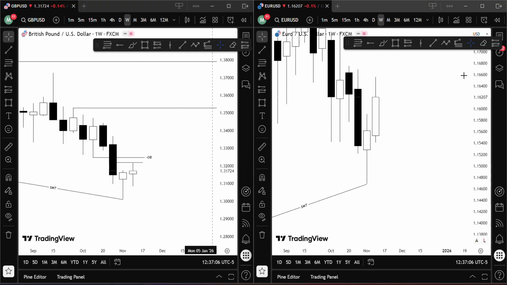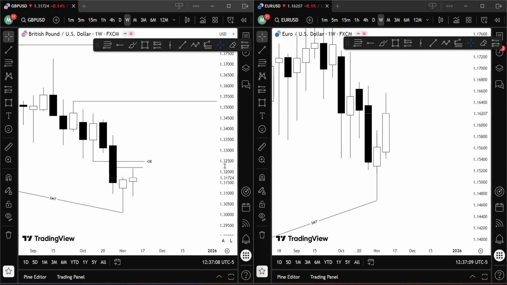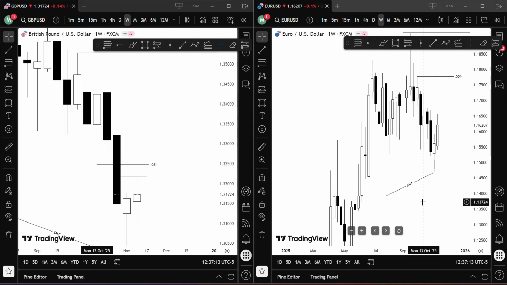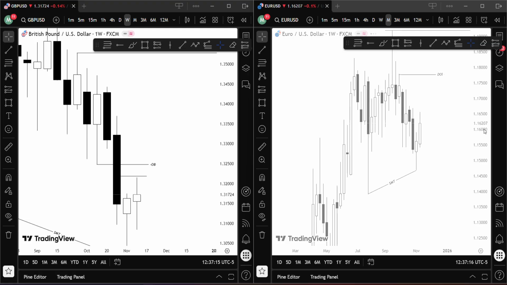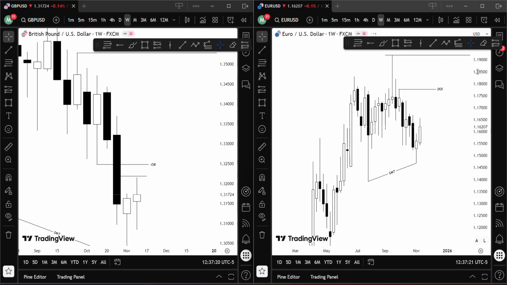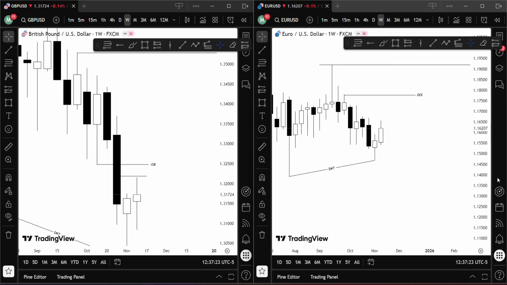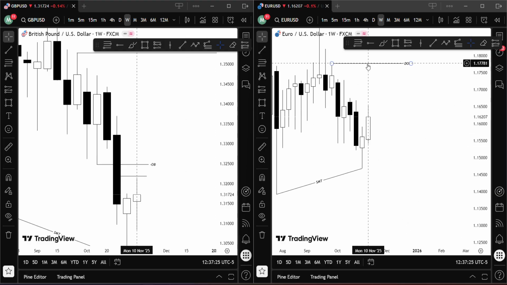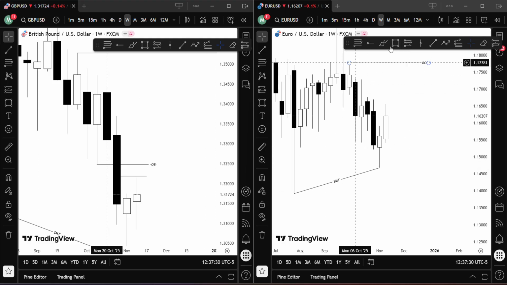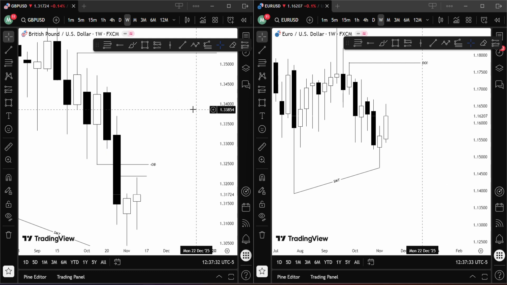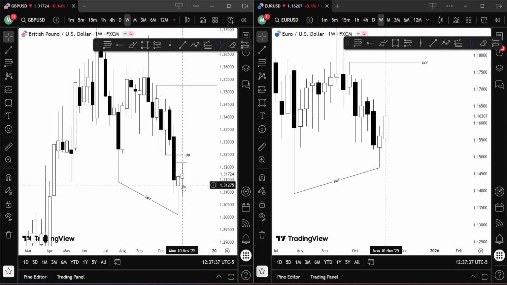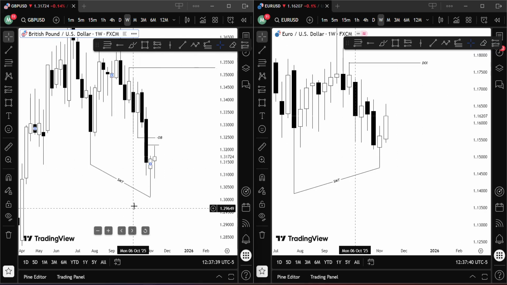So we move on to the weekly, and from the weekly, what we can see is that you can also see that we have a candle range that formed from the existing SMT, right?